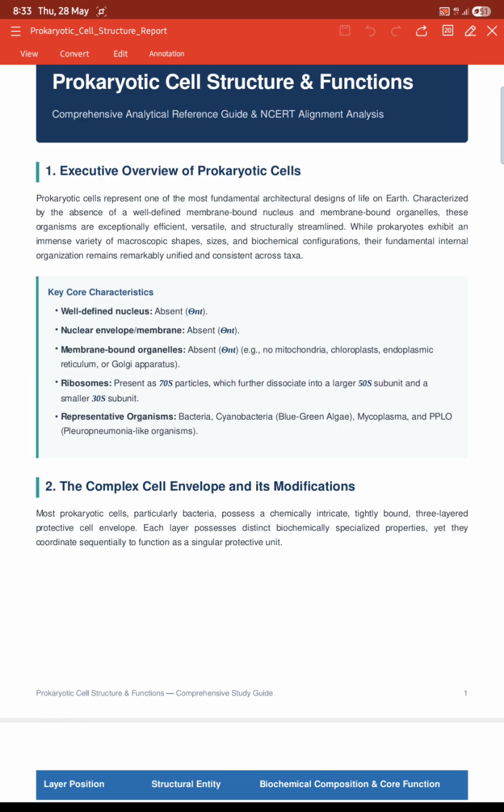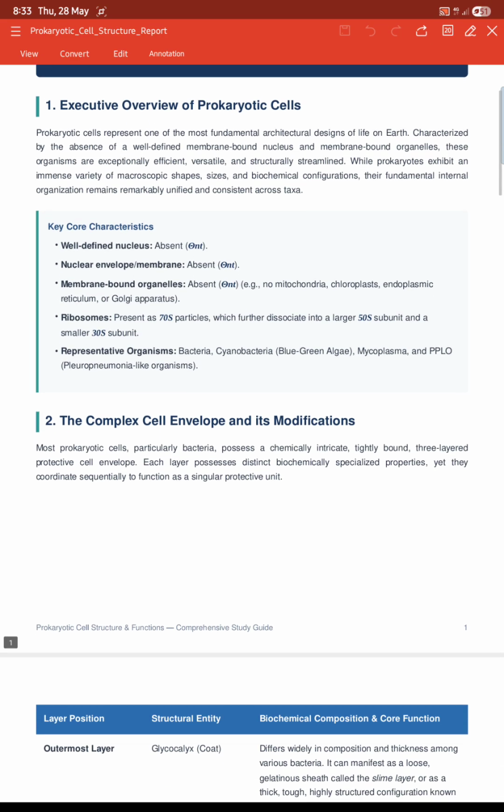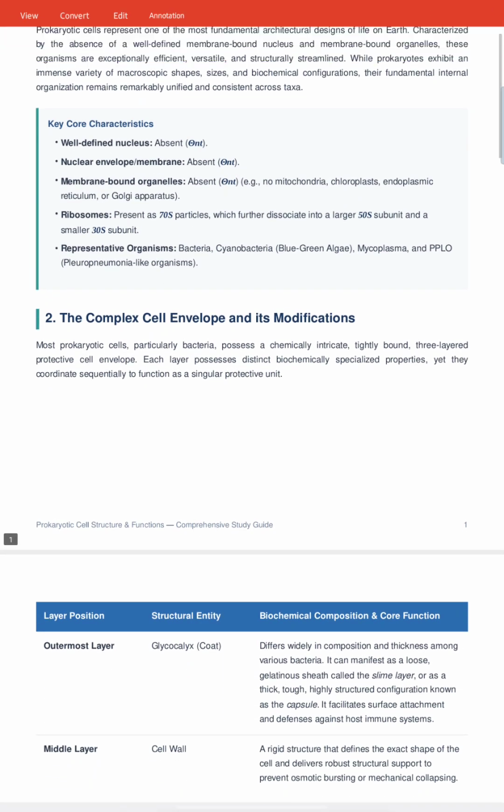These organisms are fundamentally similar, but they have a primitive nucleus and a primitive membrane. They have an absence of membrane-bound organelles, etc. Now, here taxa represent the category.